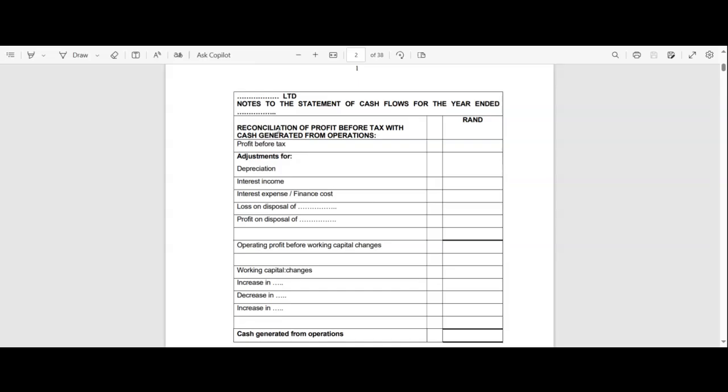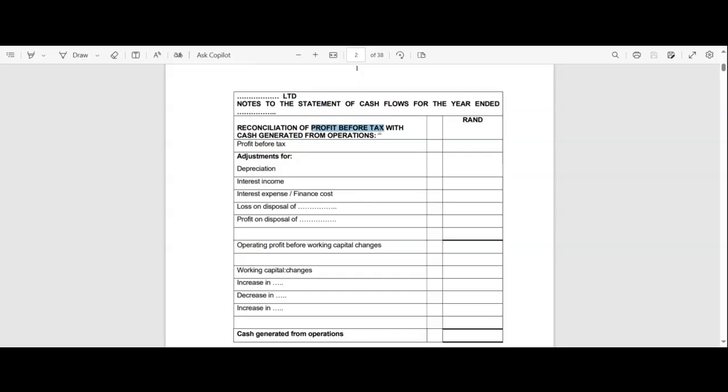First of all, we've got a little title here as part of the many notes to our financial statements. A subhead or heading here: reconciliation of profit before tax. That is our first important piece of information.